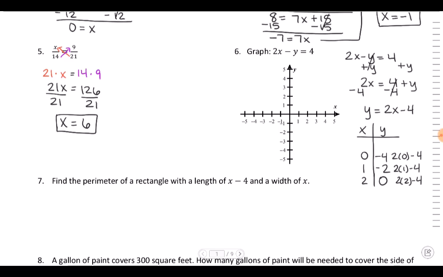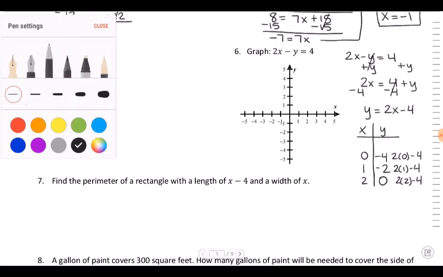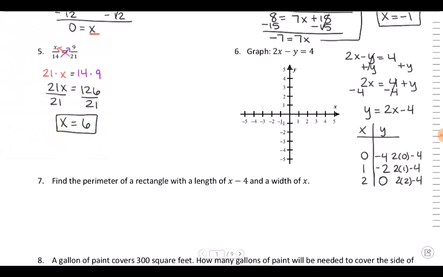There we go. So we have these ordered pairs that we're going to put on our graph. So I've got 0, -4, which is my y-intercept right here on the y-axis. And then 1, -2, so I go over to where 1 is and down to -2 and put a point there.